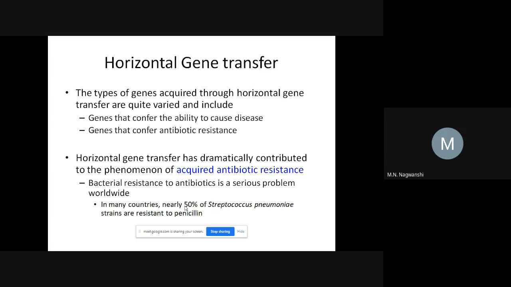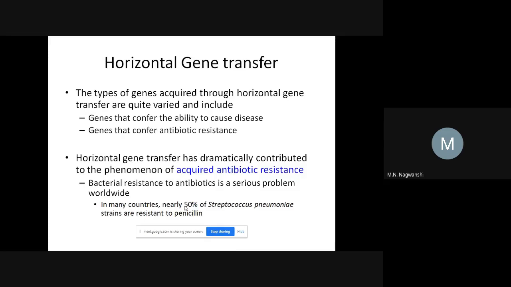Now, in many countries, nearly 50% of the Streptococcus pneumoniae strains are resistant to penicillin. When penicillin was discovered and given to patients suffering with pneumonia, they used to recover by this drug or medicine.